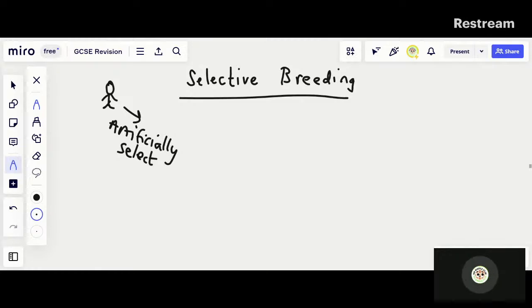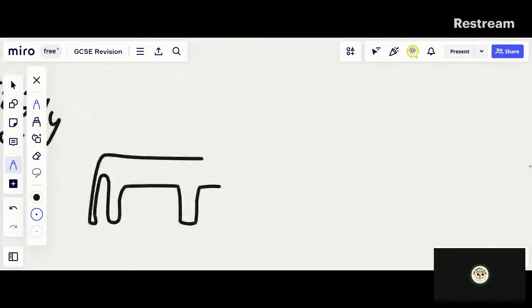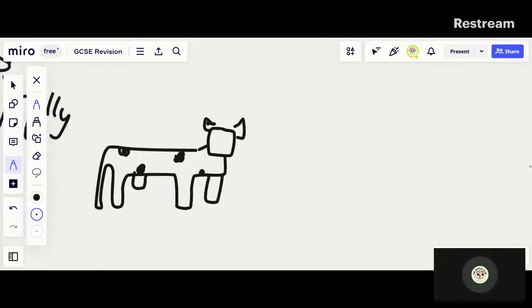For example, say if you have cows. Excuse my drawing of a cow. Obviously, why do humans use cows? Humans use cows for meat.